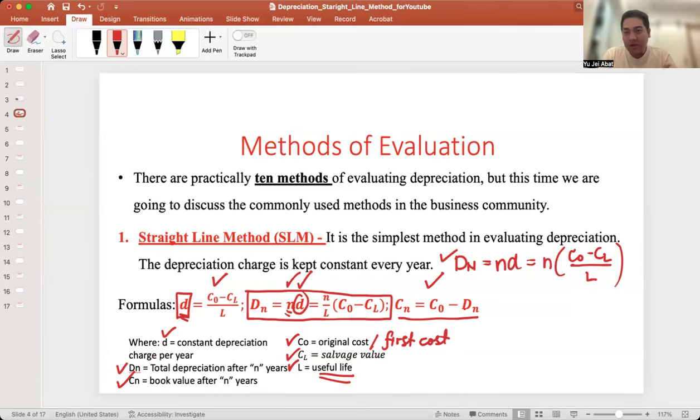Okay? So we need to memorize those three formulas that we'll be using in terms of the straight line method. In some other books, in some other references, they may use other variables, but as for our discussion, we will be using this.